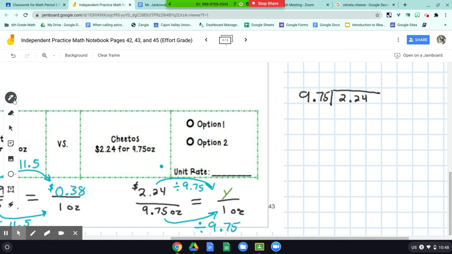When we're dividing decimals, we have to take that decimal that's in the divisor and move it until it's gone. In this case, it's going to take 2 decimal spaces to move before it's out of the way. But whatever I do to the divisor, I have to do to the dividend too. So I'm going to move that 2 decimal spaces away as well. So I'm going to rewrite the problem like this.